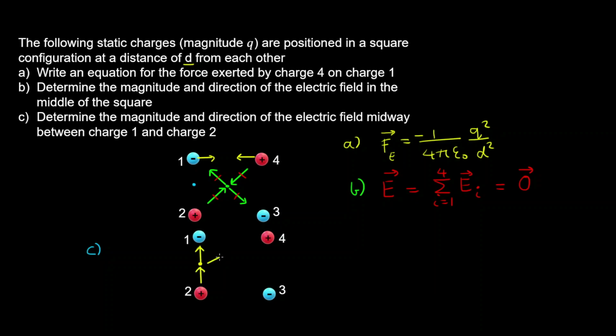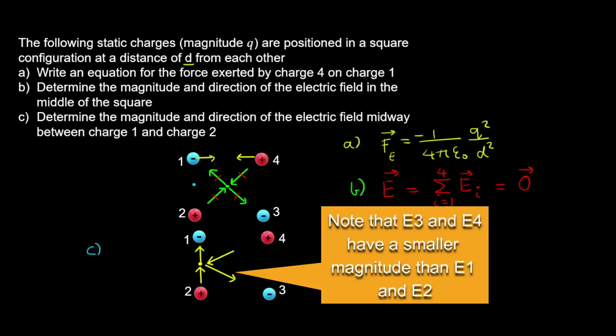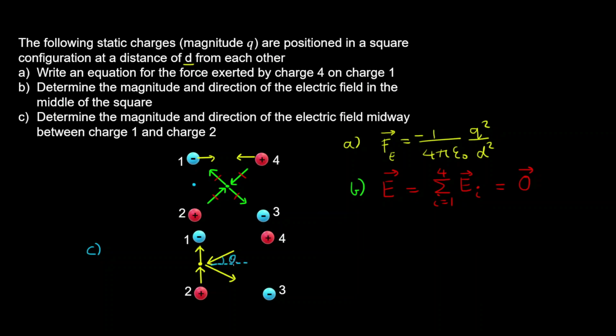And it also points away from positive charge 4 and towards charge 3 because it's negative. And let's denote this angle as theta, and by symmetry this angle is also going to be theta. And now we can superimpose these vectors.